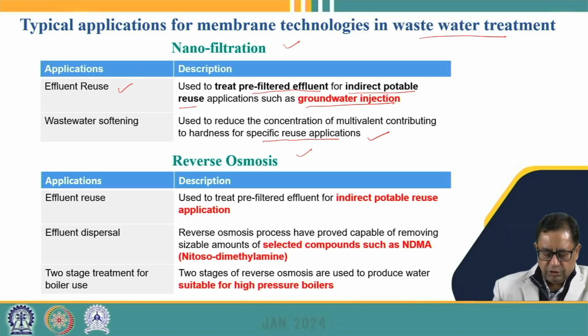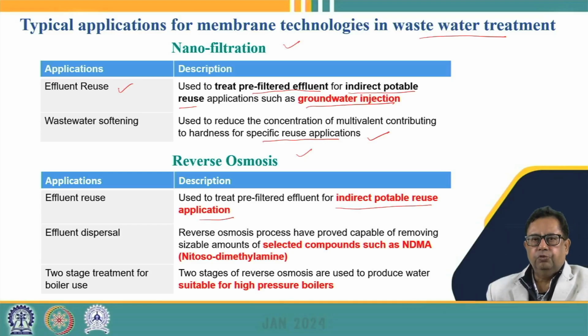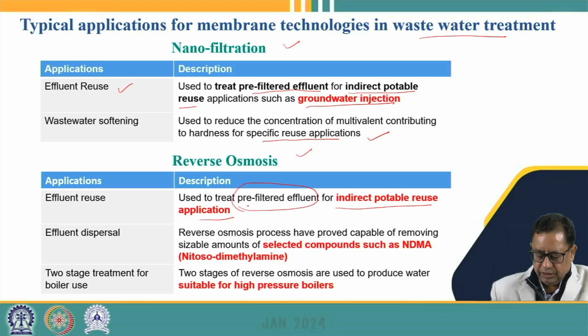Similarly, the RO process can also be used for wastewater treatment. For example, if we are using it for indirect potable reuse applications, then we can go for the RO process also, but we have to always go for a pre-filtered effluent which is coming out. And similarly, we can also target wastewater which has certain specific compounds.